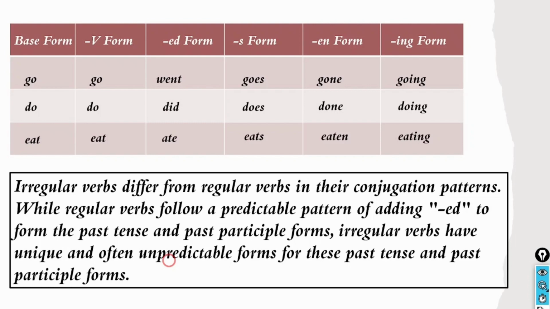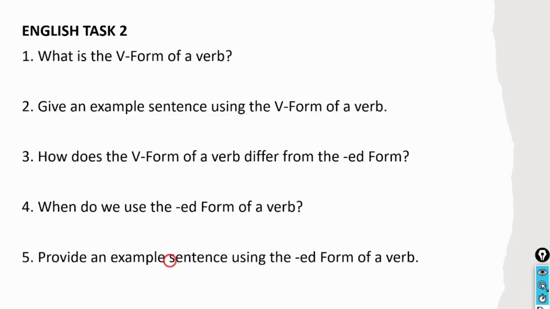So guys, you who are already in the class, this is the task for you. English task 2. So question 1 says, what is the V form of a verb? Then 2, give an example sentence using the V form of a verb. Then 3, how does the V form of a verb differ from the ed form?